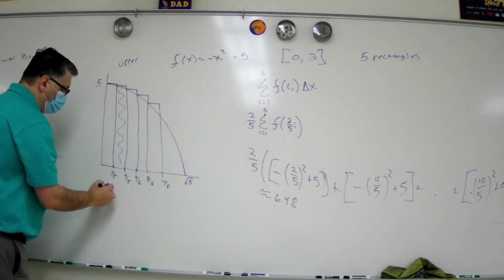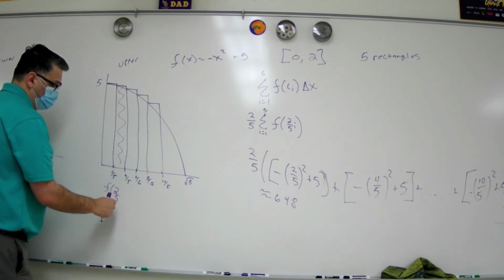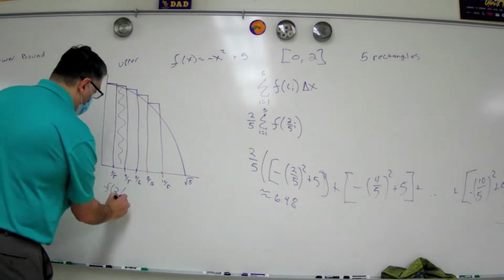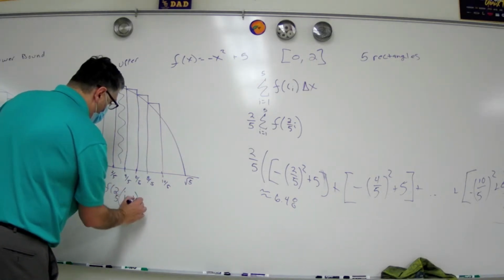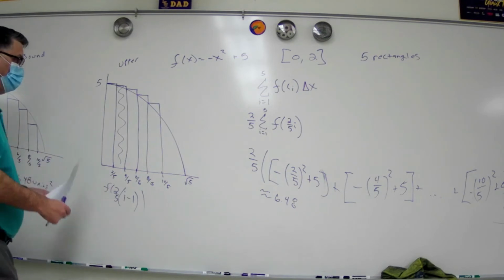So here you're going to do your f of 2/5 times I minus 1. And then you do the exact same thing. Yes? Do the exact same thing. Do I need to write it out for you?